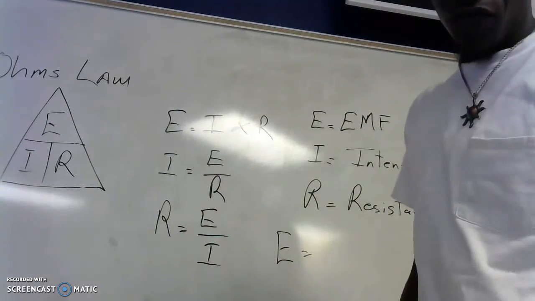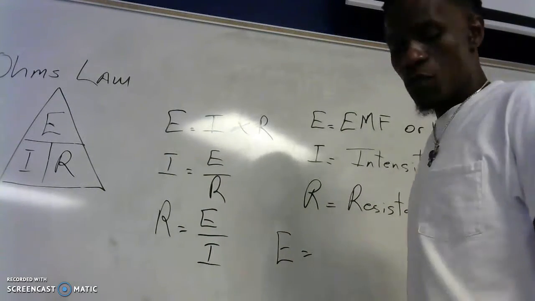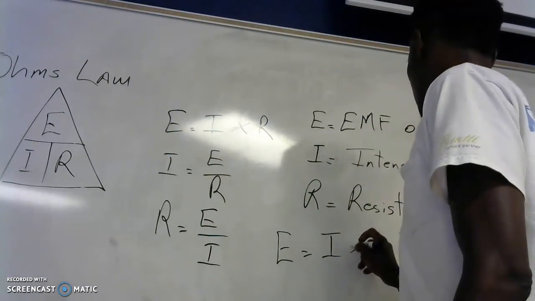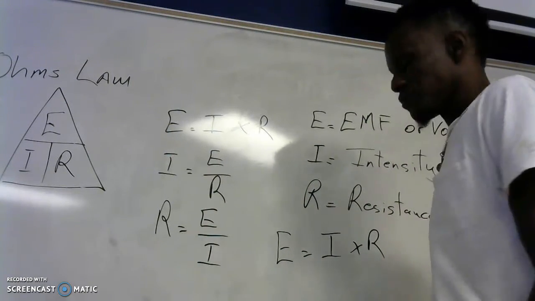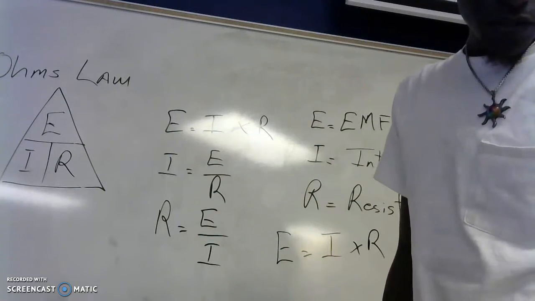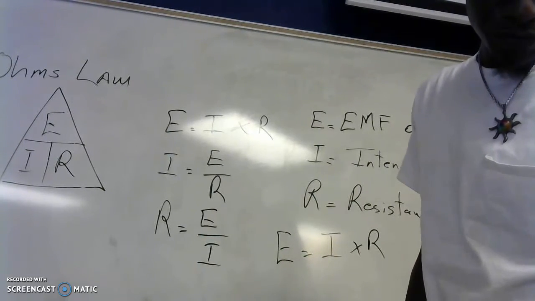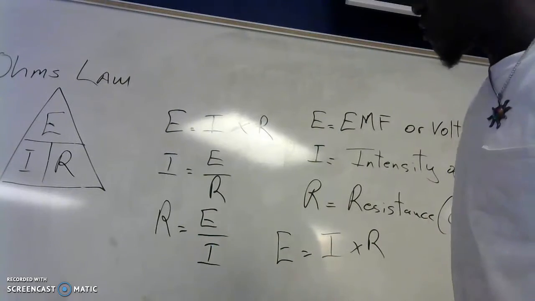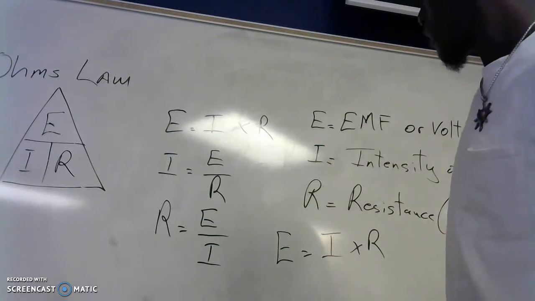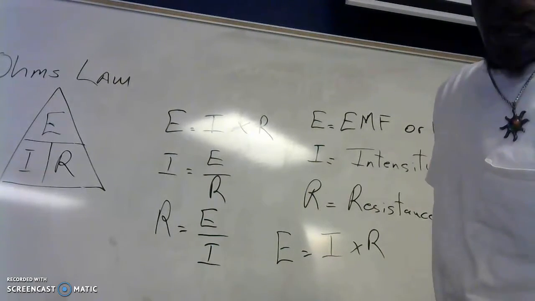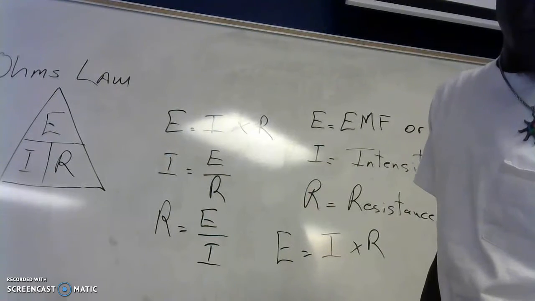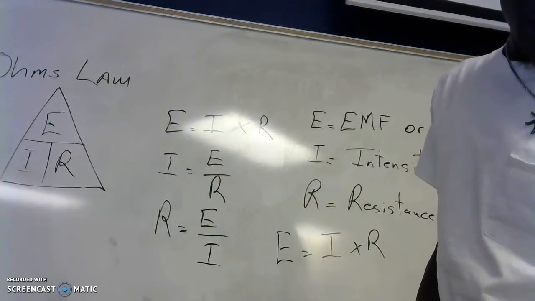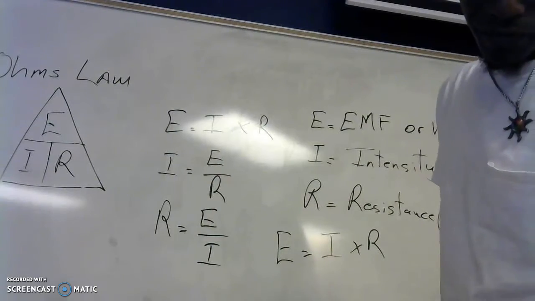So to find the volts, the formula we're going to use is I times R. We're going to assume that we have a resistance of 50 ohms and a current flow through it of 2 amperes.